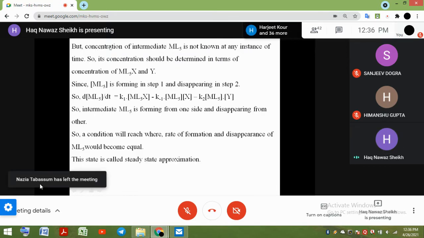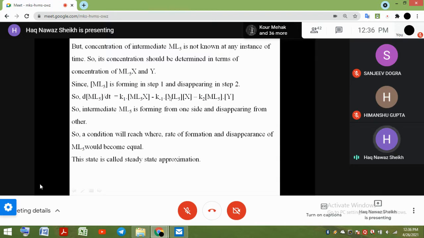But the concentration of the intermediate is not known at any instant of time, so its concentration must be determined in terms of the concentration of the starting materials. ML5 is formed in the first step and disappears in the second step.